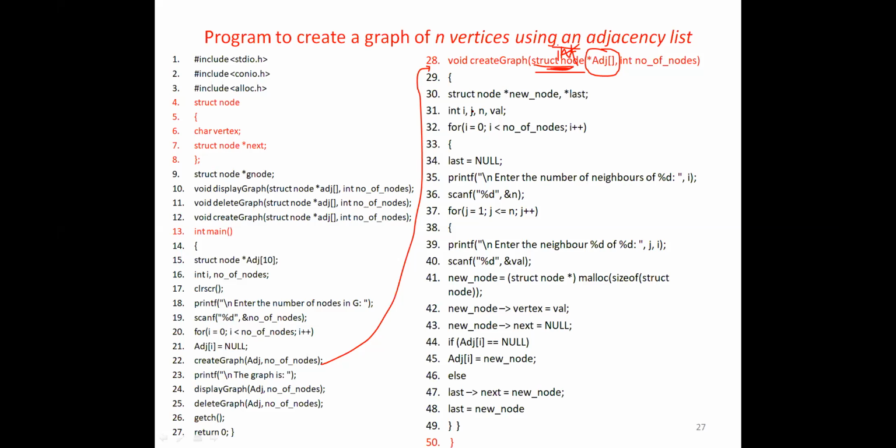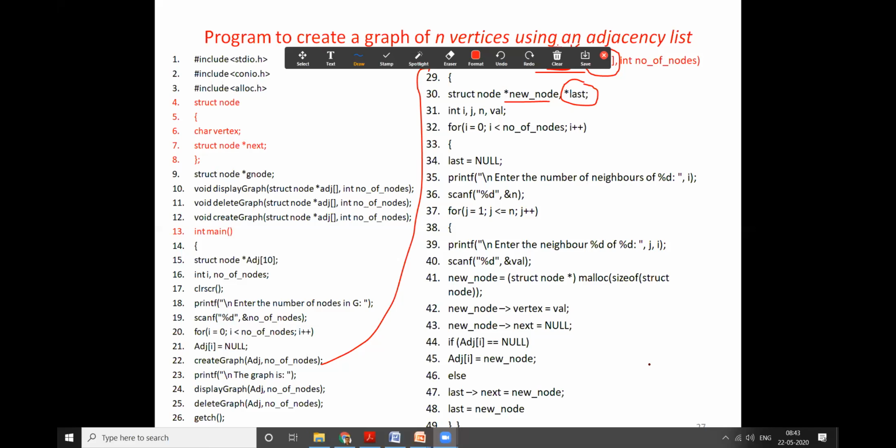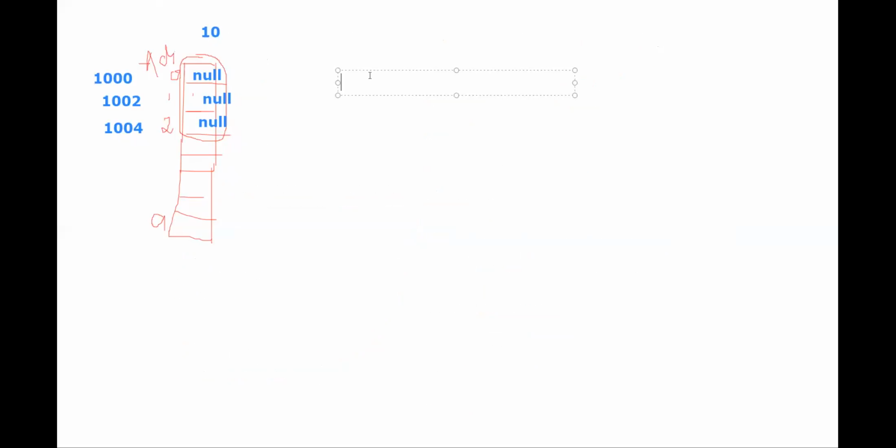Next, I'm creating temporary variables like new node and last, as we are creating a new node. Once it is created, it is of data type struct to node.